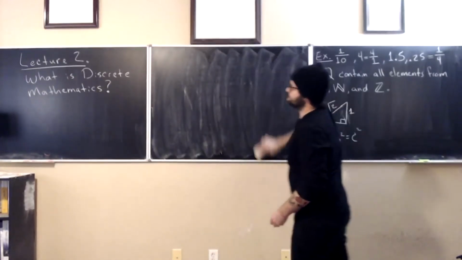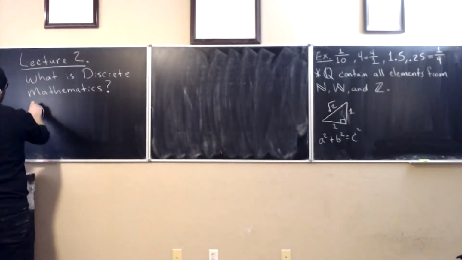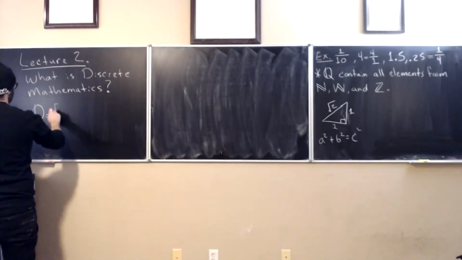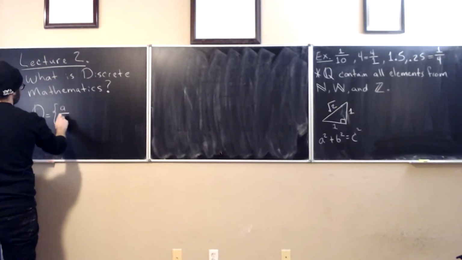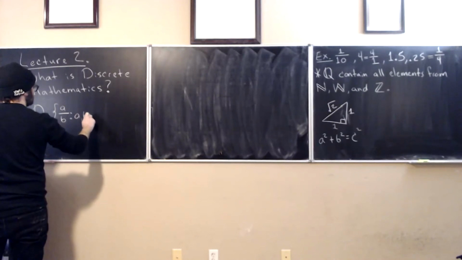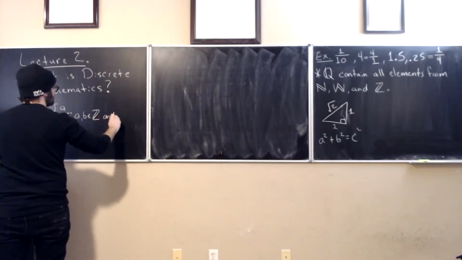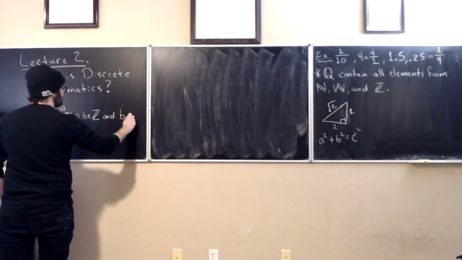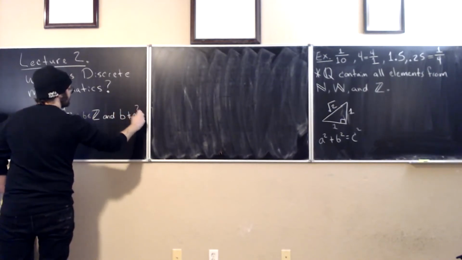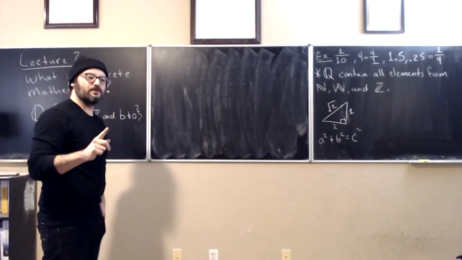Okay. So over here, just recall, rational numbers is the set of all ratios of integers with non-zero denominator. Okay, so that's really the only fact we need to start with. Actually, there's one more.